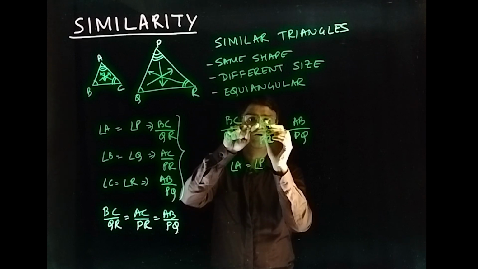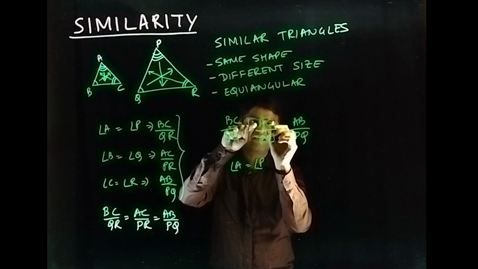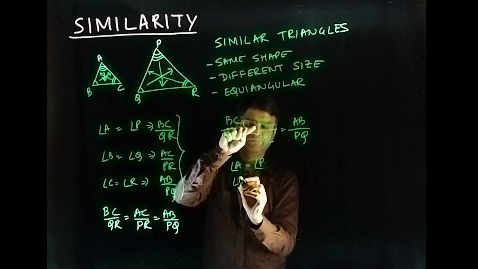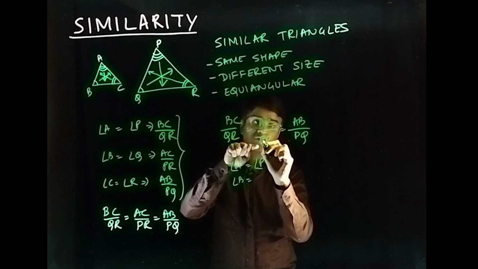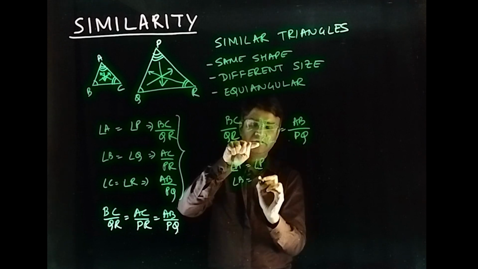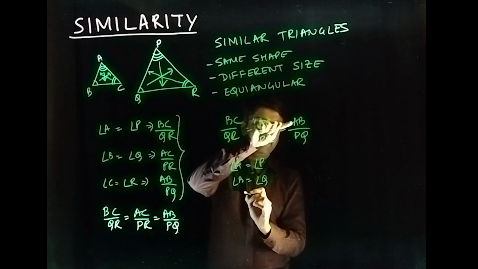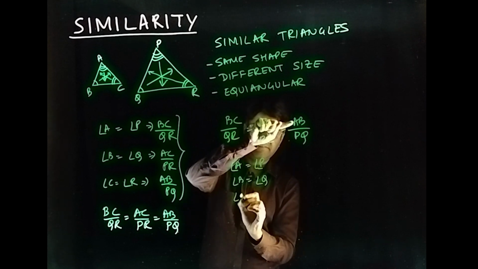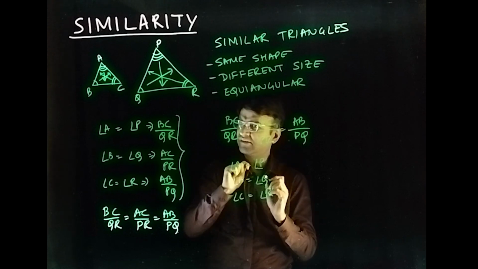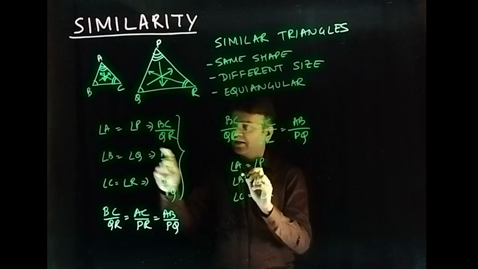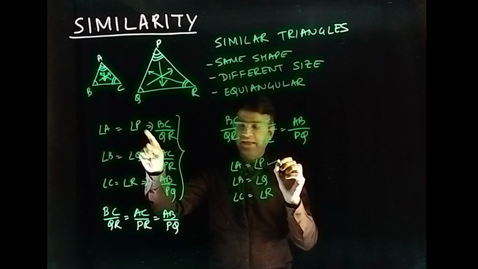Okay, let's see. AC is here. Which vertex is missing? Angle B. And opposite to PR the missing vertex is angle Q. Again, the missing vertex is angle C and the missing vertex here is angle R. Now let's check if we are correct. Angle P equals angle A. Lovely.